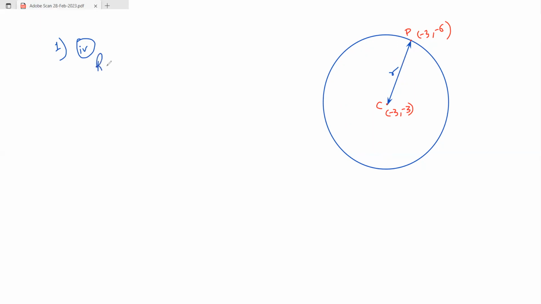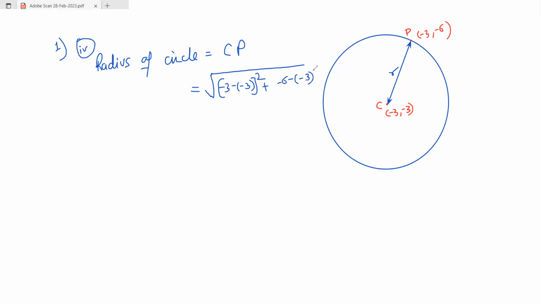Radius of circle is equal to CP, that is equal to square root of x2 minus x1 square, -3 minus of minus 3, the whole square, difference of x coordinates, plus -6 minus of minus 3 the whole square.